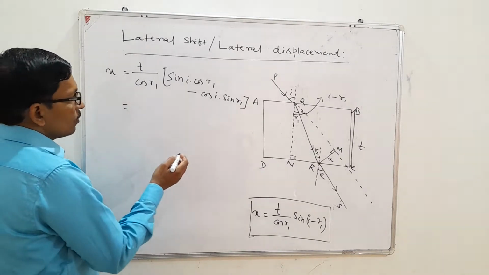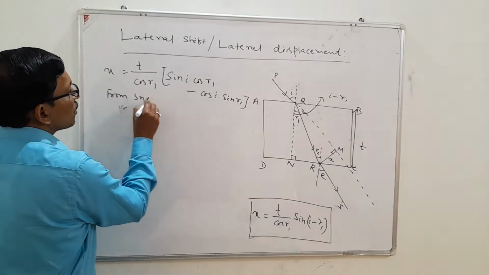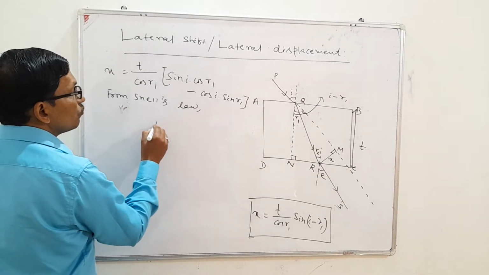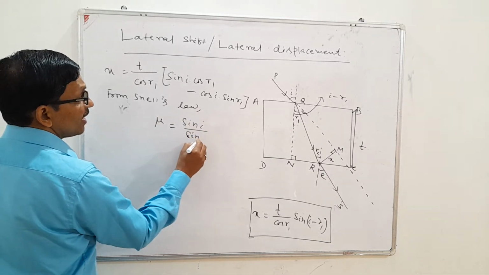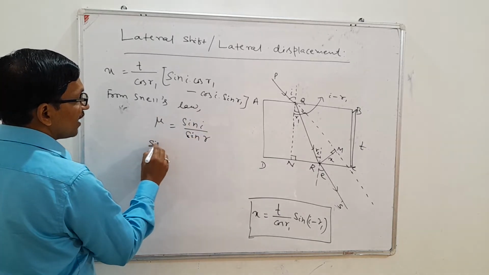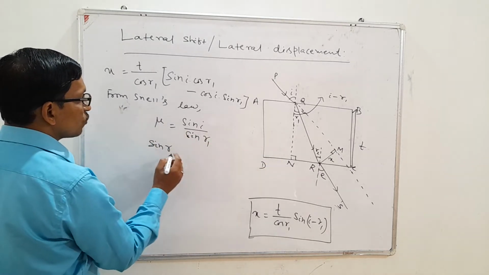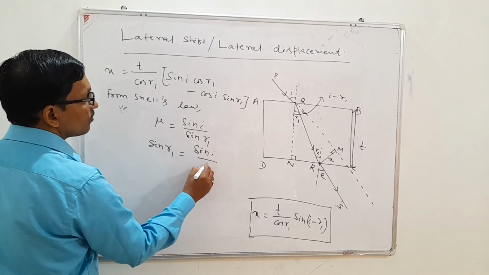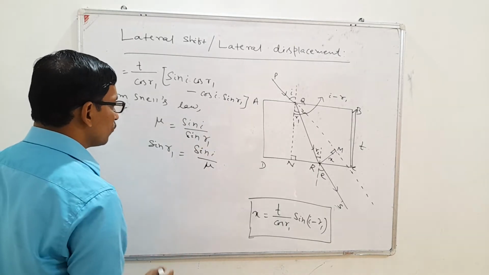From Snell's law, we know that mu is equal to sin I by sin R. Here I have taken R1. So sin R1 is equal to sin I divided by mu. For sin R1 I can write sin I by mu.